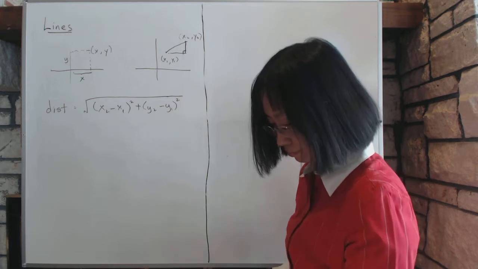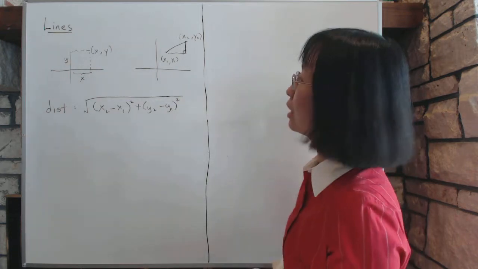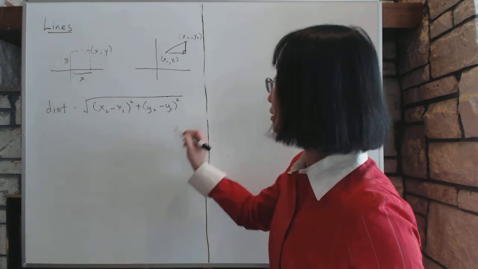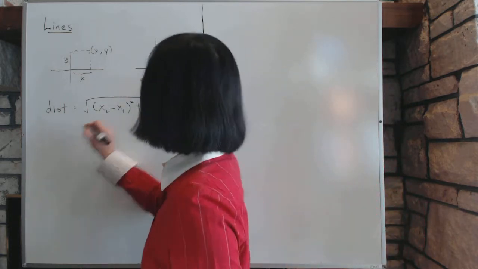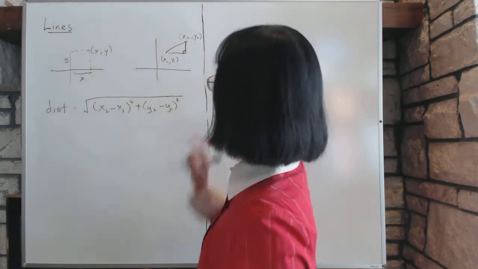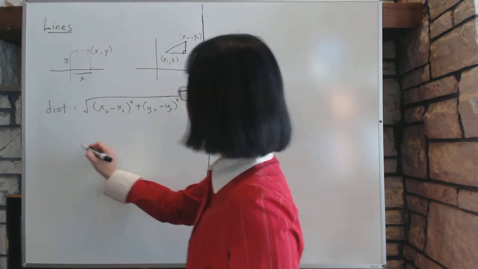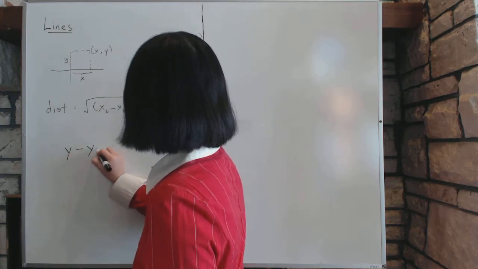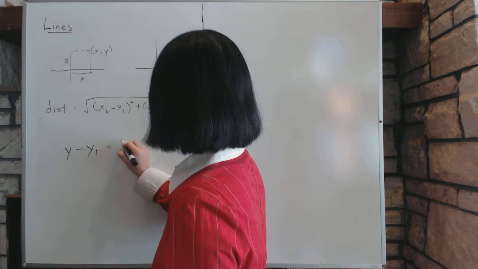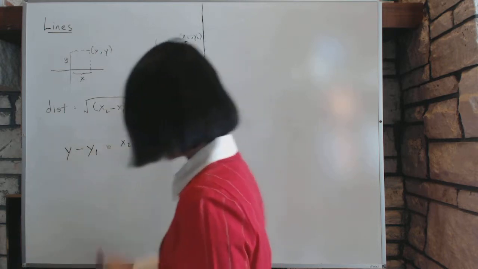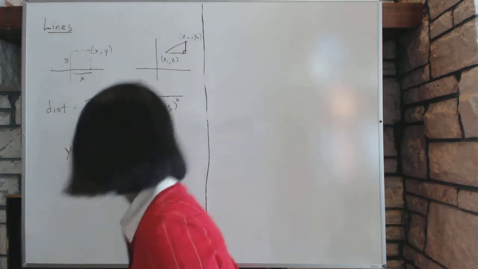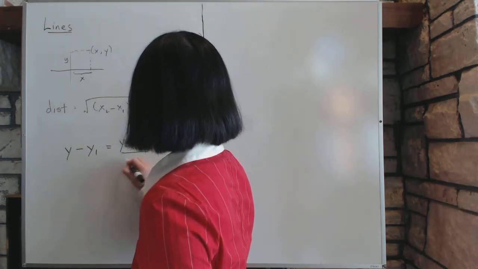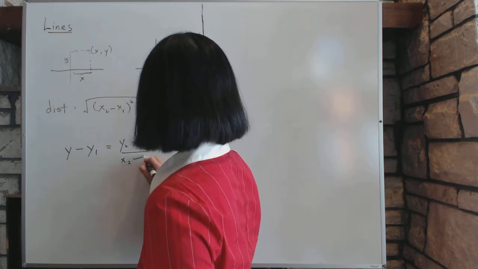X1 means the x value from the first point, and of course y2 means the y value from the second point. There are several equations of lines that are worth memorizing. The first says the equation of the line that connects these two points is given by y minus y1 equals y2 minus y1 divided by x2 minus x1.